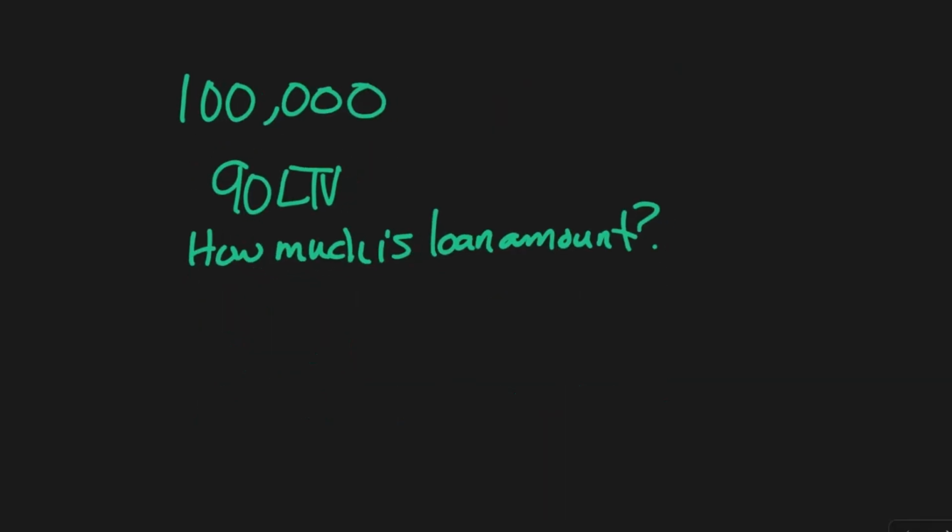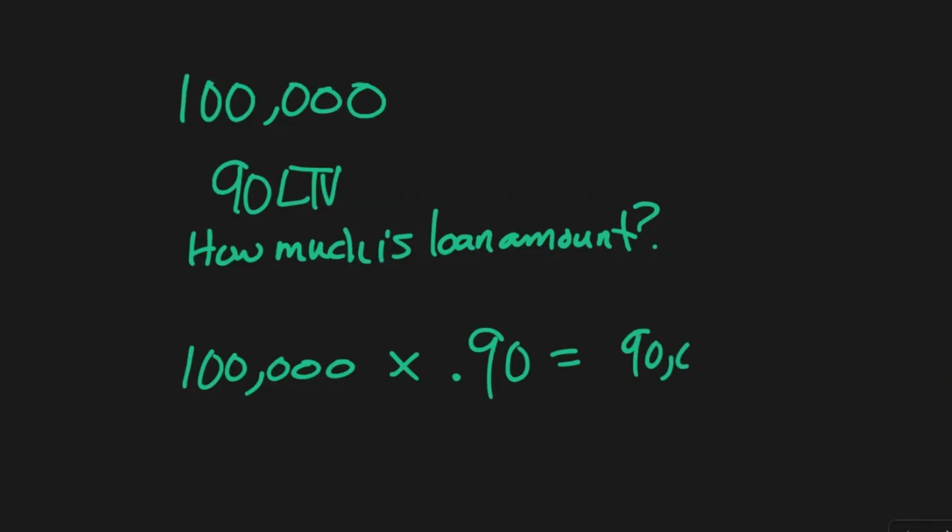So the way that we work it here is we take the purchase price, which is $100,000, and we multiply it by 90%, which is 0.9, because that's the maximum LTV that the lender will do, and that gives us $90,000. That is the maximum loan amount based on a 90 LTV. You've just done simple math to figure out the arithmetic behind figuring out the LTV. It's really pretty easy. And you can do tons of these practice tests in our study pack.